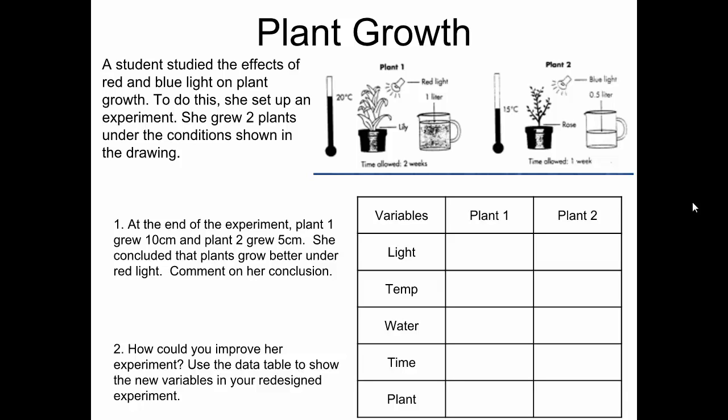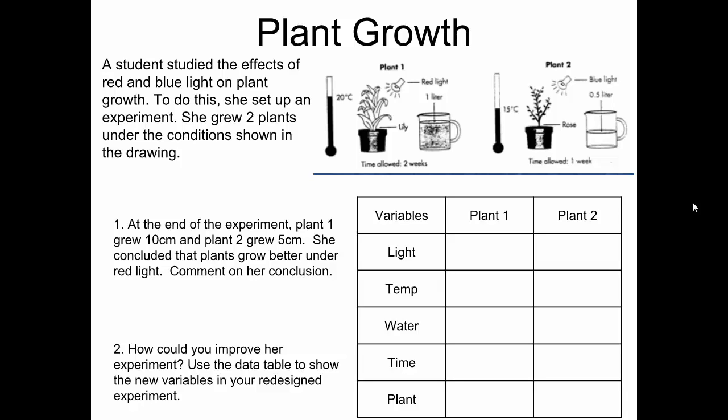You have plant 1, plant 2, and it shows you how the experiment was set up. She grew 2 plants under the conditions shown in the drawing. At the end of the experiment, she measured their height. Plant 1 grew 10 centimeters. Plant 2 grew 5 centimeters. So she concluded plants will grow better under red light.